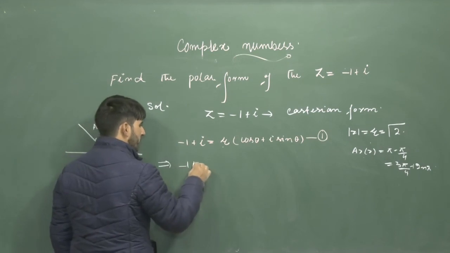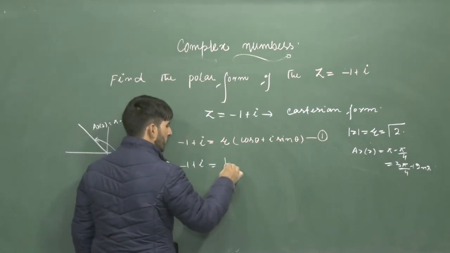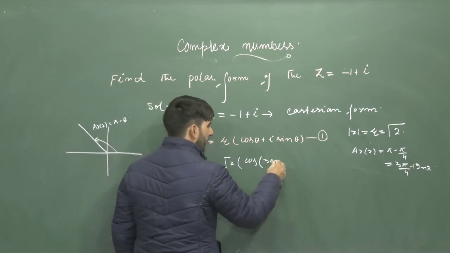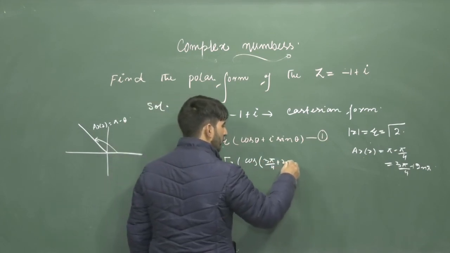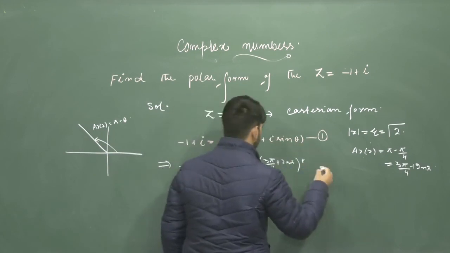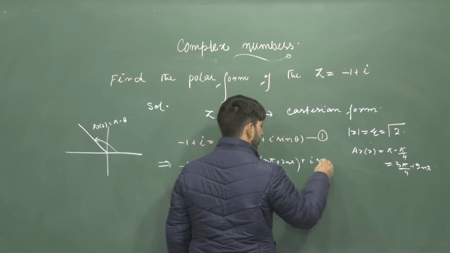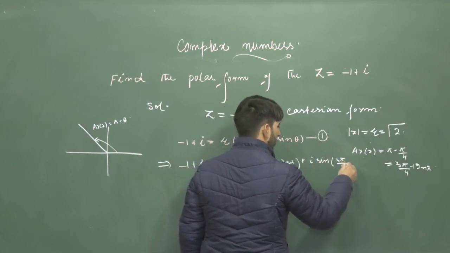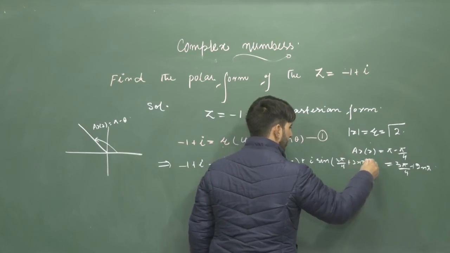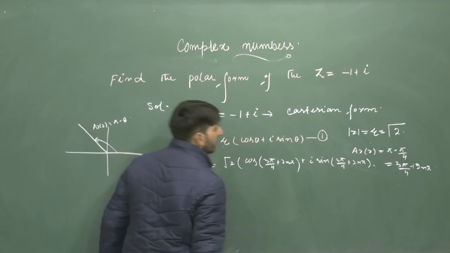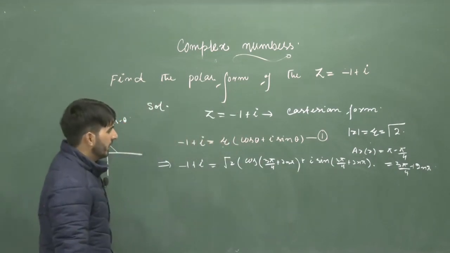Therefore, minus 1 plus i will be equal to root 2 times cos of 3 pi by 4 plus 2 n pi plus i sin of 3 pi by 4 plus 2 n pi. So this is the polar or trigonometric form of the complex number.